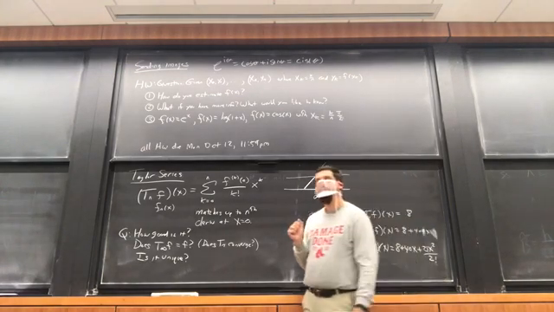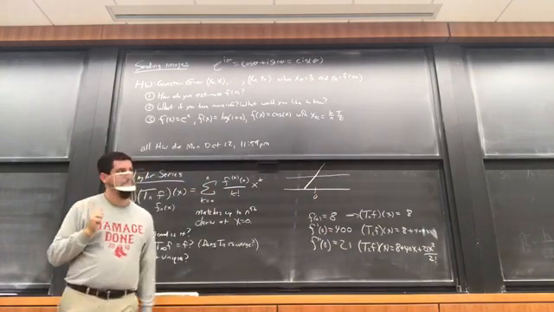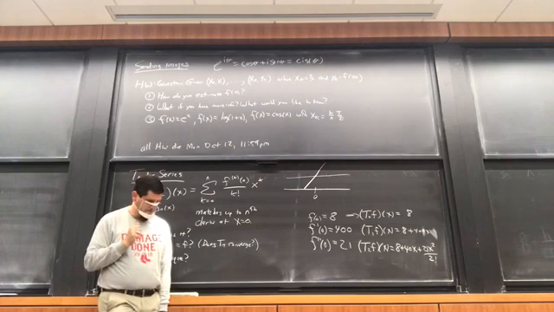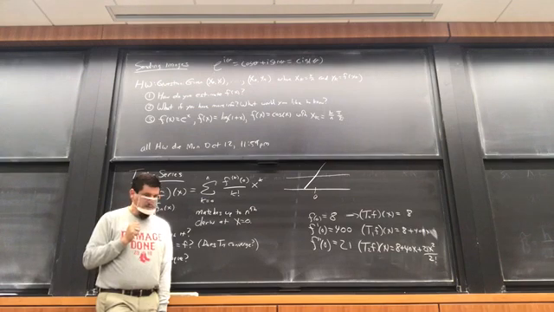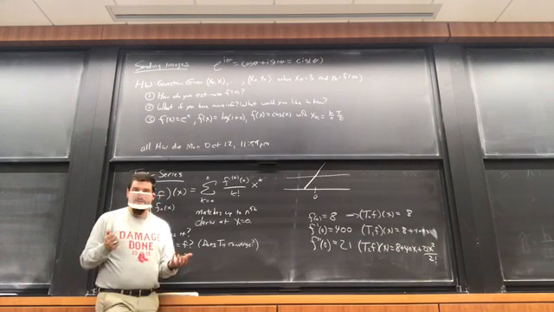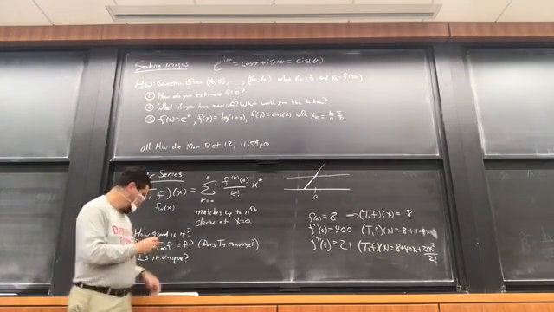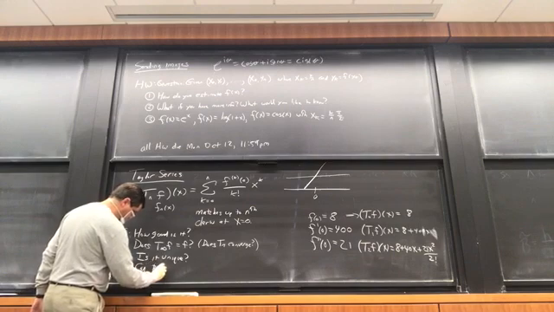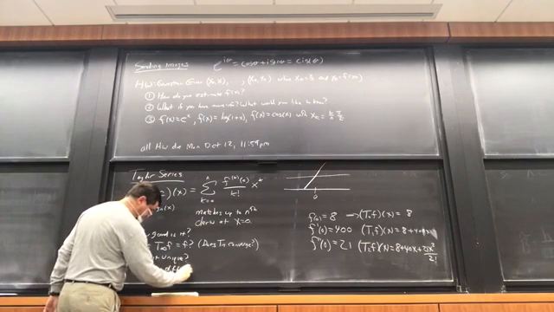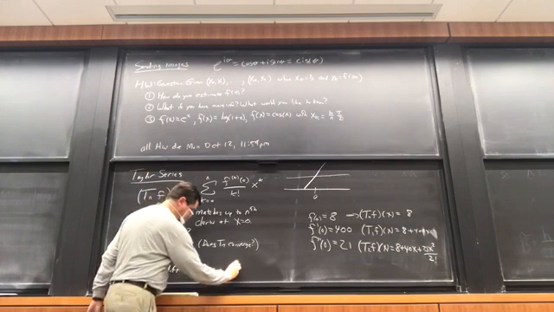I'm sorry, I want to phrase this differently. If I give you a Taylor series, could the Taylor series correspond to multiple functions? So can two different functions have the same Taylor series?